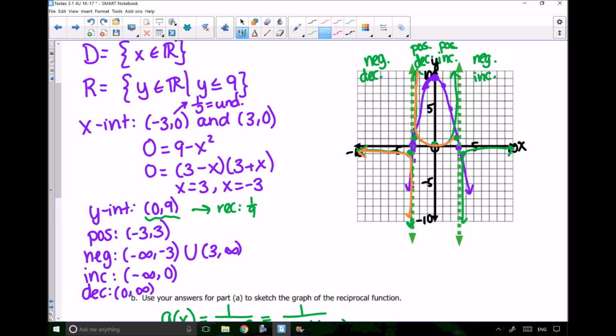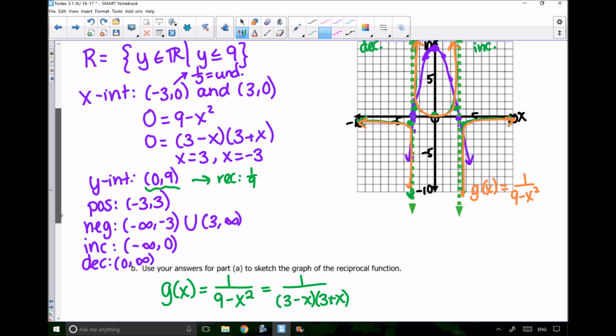Then it's going to start increasing again, but stay positive, so that's what my graph will look like right here. And then over here, my graph is negative and increasing, therefore my graph will look like that. And that's how I draw my reciprocal function. So this is going to be g of x equals 1 over 9 minus x squared.